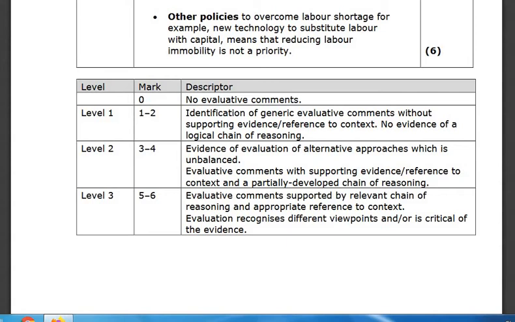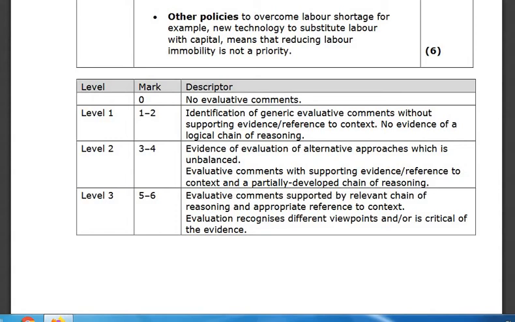Evaluative comments with supporting evidence, reference to context, and a partially developed chain of reasoning. So what's the difference between level 1 and level 2 is you've tried to offer some justification for the judgments that you've made, but it's not particularly great, and your chain of reasoning is only partially developed.